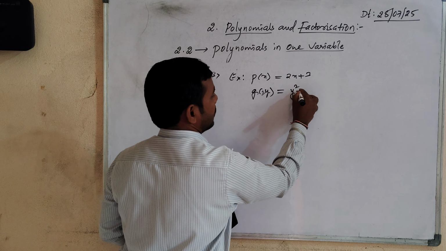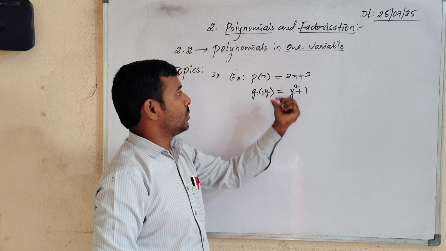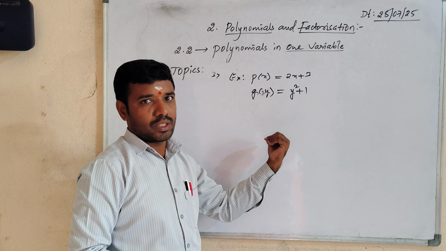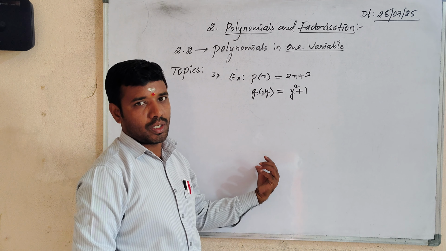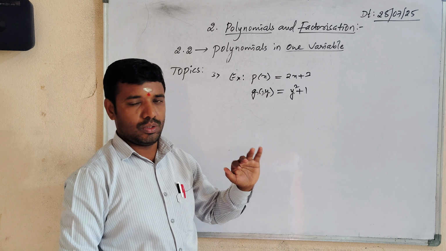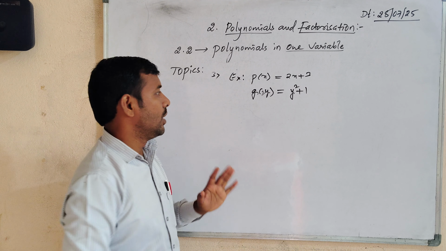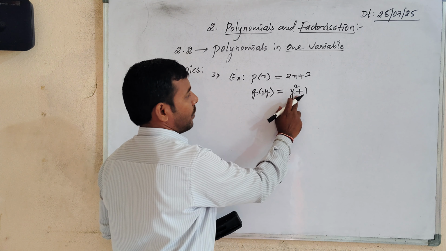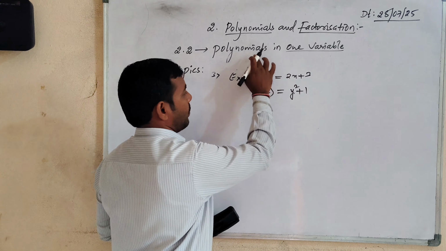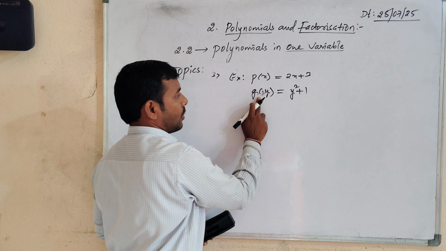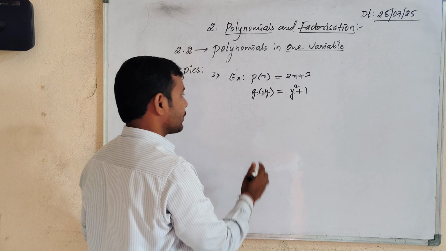One variable in a sense, instead of x you can use any variable, not only x. Previously we considered x, based on that we computed. But it is not permanent to consider x. You choose whatever variable. So based on that I took y. So g of y is equal to y square plus 1. It is also one of the polynomials which is having the variable y, and it is denoted with g of y.